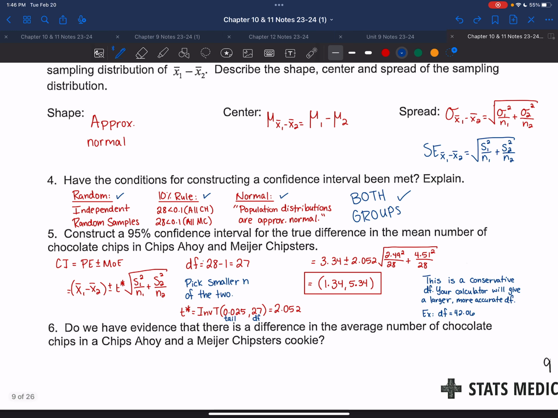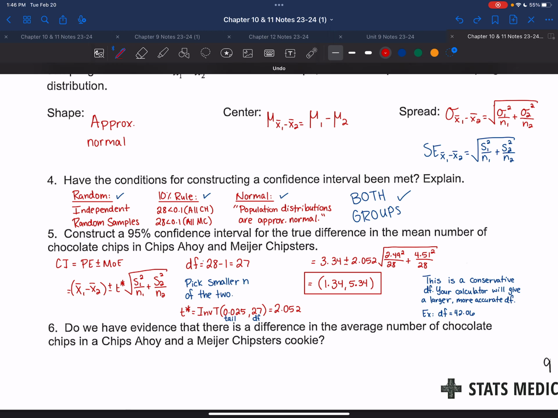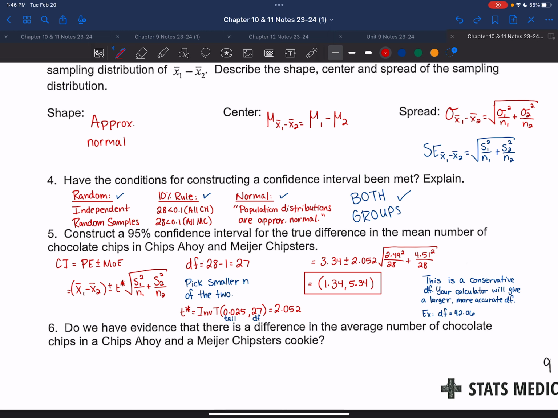Okay. Now it says, do we have evidence that there is a difference in the average number of chocolate chips in a Chips Ahoy cookie and a Major Chipsters cookie? So if you look at our confidence interval, 1.34 to 5.34, if there was no difference between Chips Ahoy versus Major Chipsters, then our difference would be 0, right? But our confidence interval shows all values in that interval are greater than 0, okay?